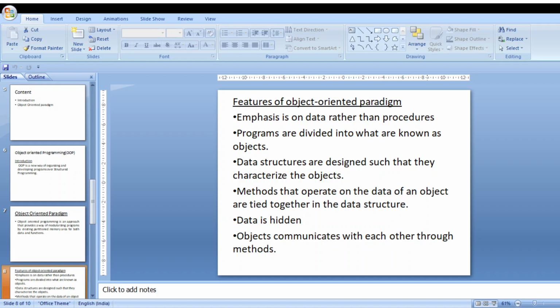Data structures are designed such that they characterize the objects. Data structures are nothing but data types that distinguish those objects. Methods that operate on the data of an object are tied together in the data structure. As I told you before, both the data and methods reside inside the class.